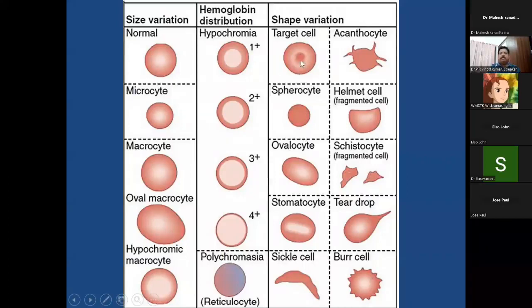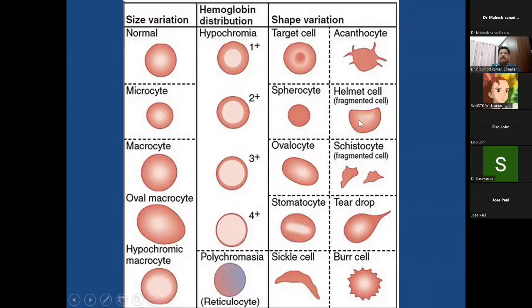Target cell, spherocyte, particularly spherocyte presence can be attributed to IMHA. Then ovalocyte shows that there is hemolytic anemia. Stomatocyte, there is hemorrhagic anemia. Sickle cell produces hemolytic anemia. Acanthocyte is seen in renal disease and hepatic diseases.